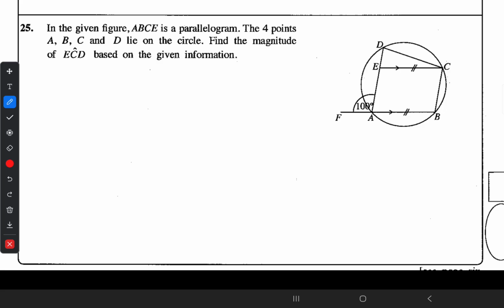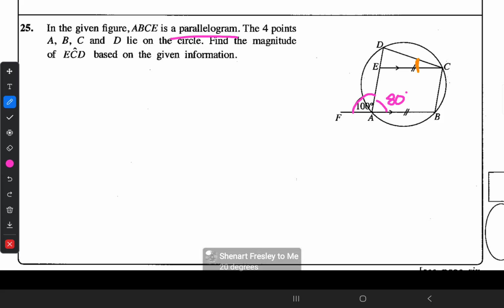In the given figure, ABCE is a parallelogram. That is important data, and thereafter there are 4 points ABCD, so there is a cyclic quadrilateral. Find the magnitude of ECD. So to find that, if this is 100, this would be 80. This would be 80.